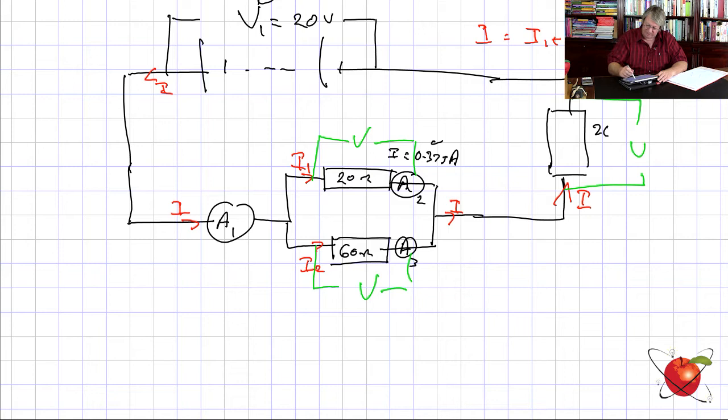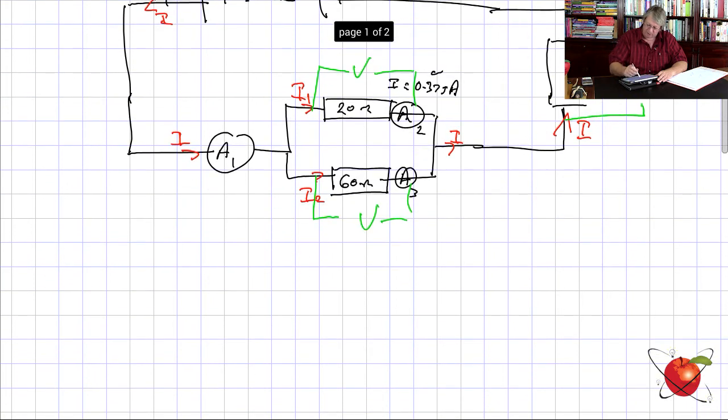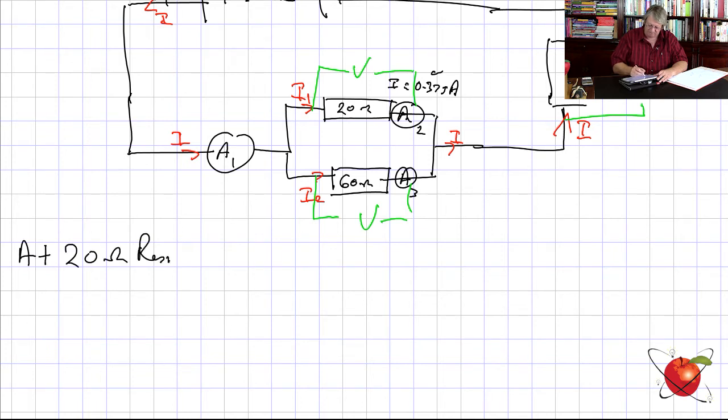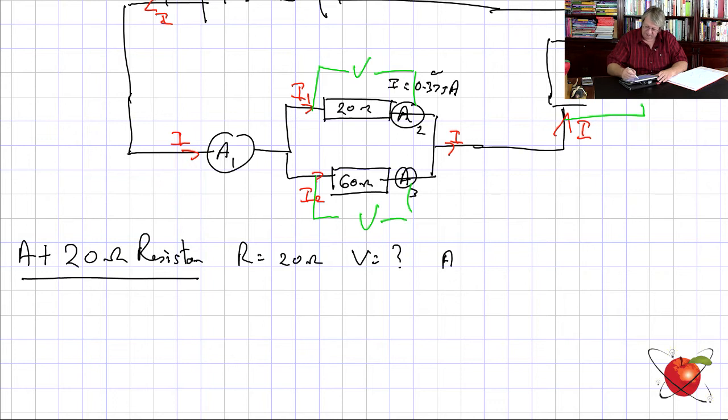What have we got over here, at the 20 ohm resistor? R is 20 ohms. V, don't know. Sorry, I wrote A for amps there. I over there is 0.375.